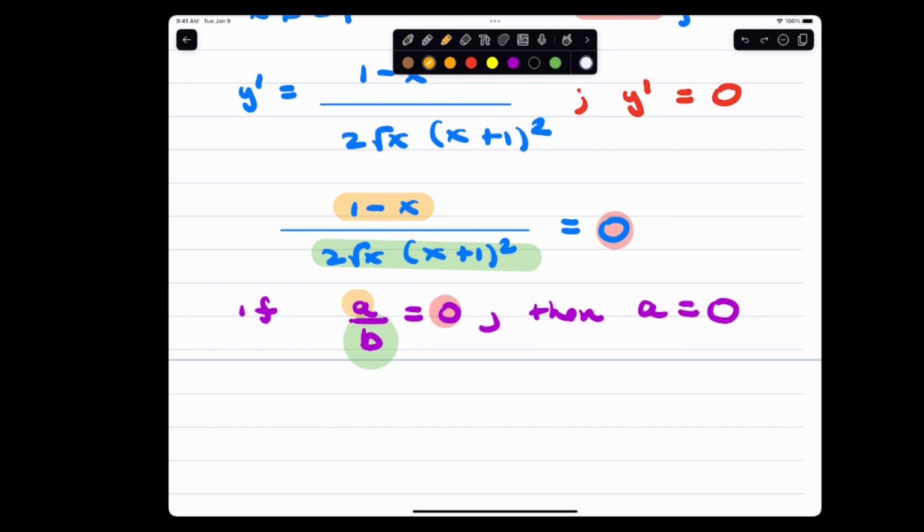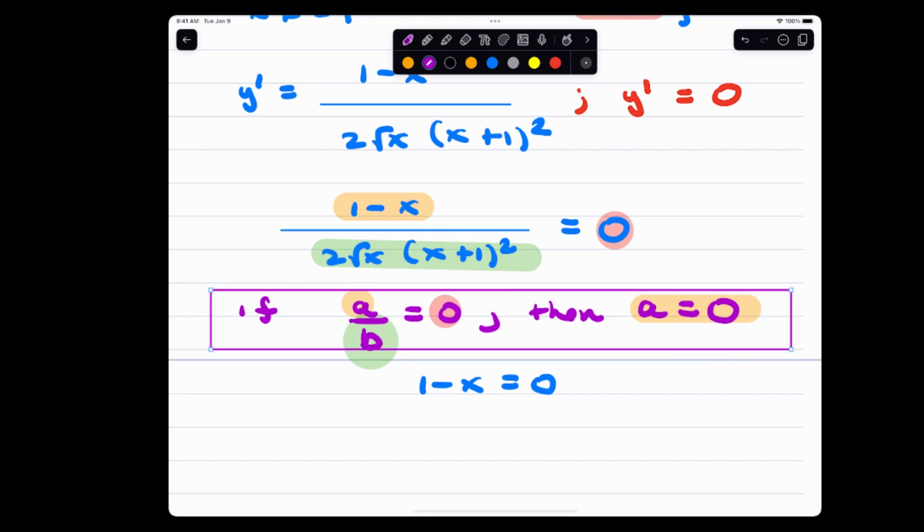So you have to set that numerator, and what's your numerator, equal to 0. Is that true? So we have 1 minus x equals 0. This is something we're going to get used to seeing here.